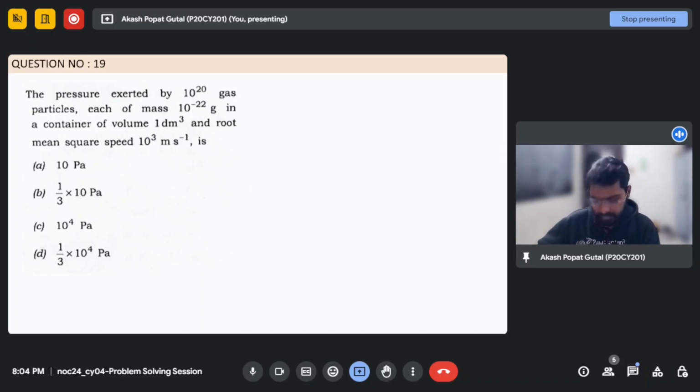Try to solve this question. A small hint: you need to first calculate the temperature, because we don't know the temperature in order to calculate the pressure.